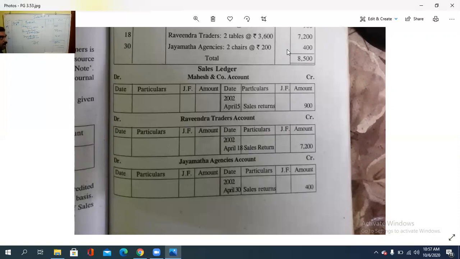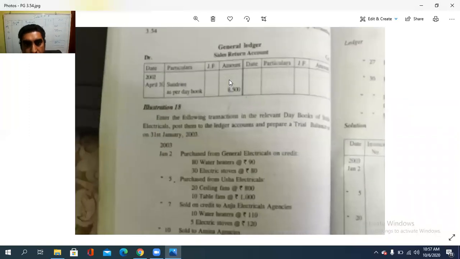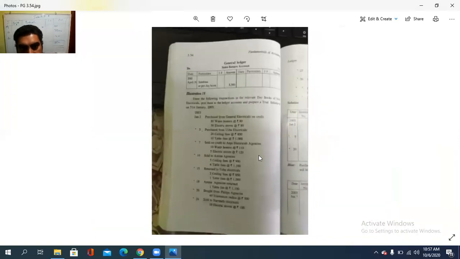Then on the debit side of the sales returns account of Cochin Furniture, what will be there? To sundries as per sales returns day book. That is the thing. How much? 8,500.